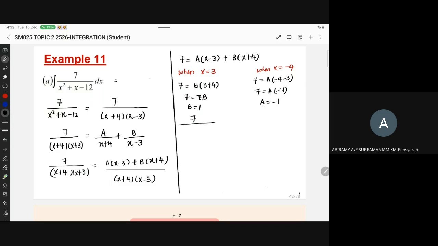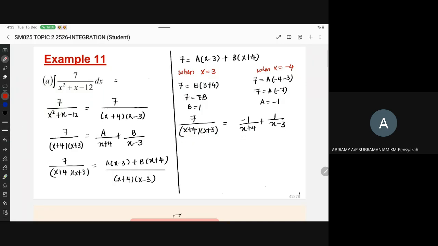7 over (x plus 4)(x minus 3) is the same as negative 1 over (x plus 4) plus 1 over (x minus 3). Why are we interested in writing this as partial fractions? Multiplication can be changed into addition. That's when we are able to integrate.